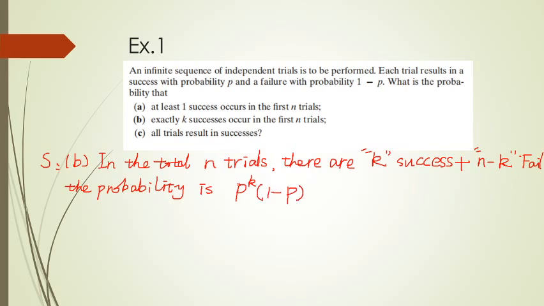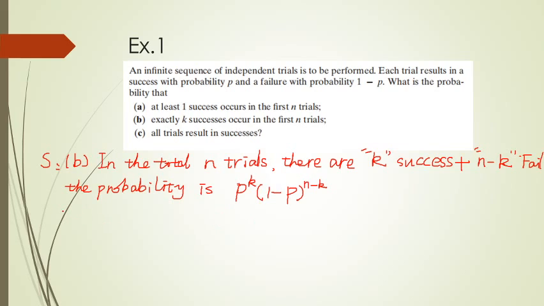It's 1 minus p, and we have the product of N minus K failures, so that will be 1 minus p to the power N minus K. But that is only for K successes in the N trials and N minus K failures.